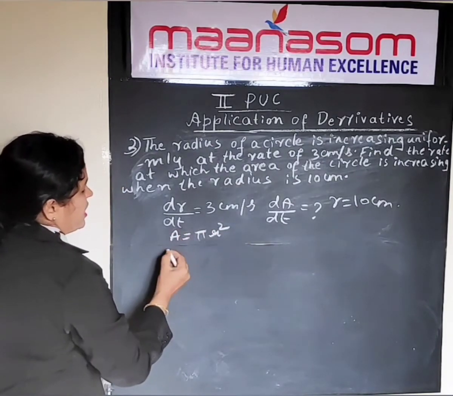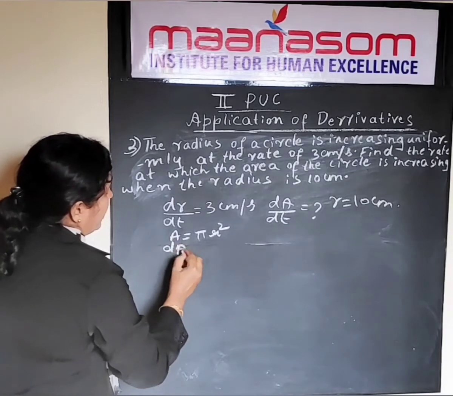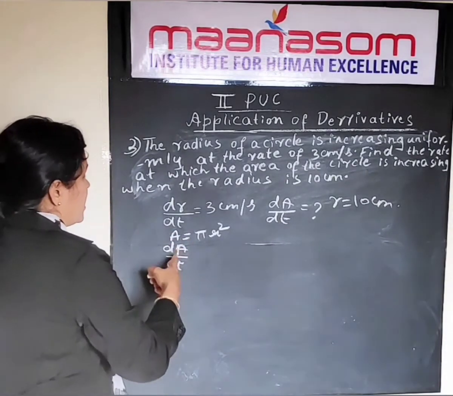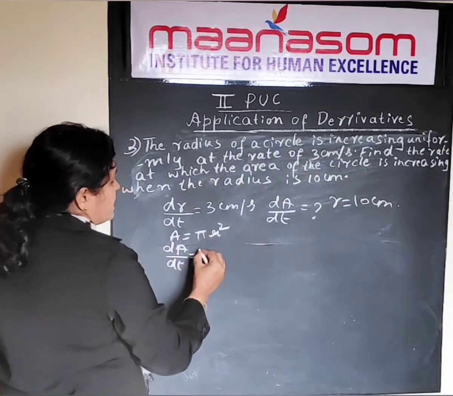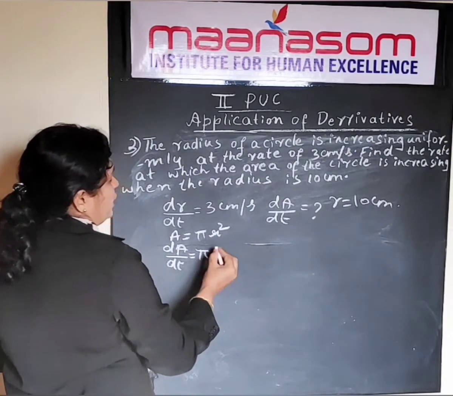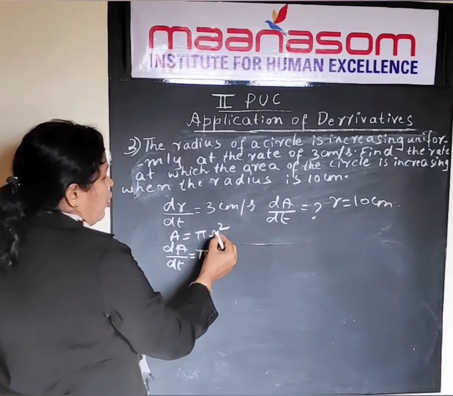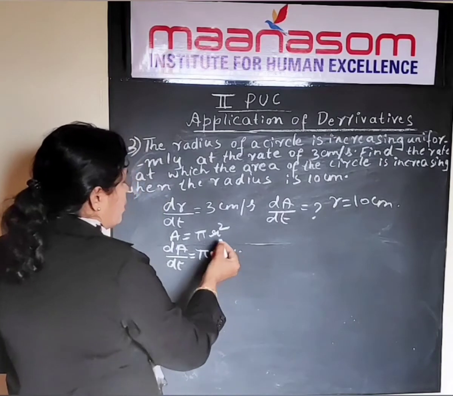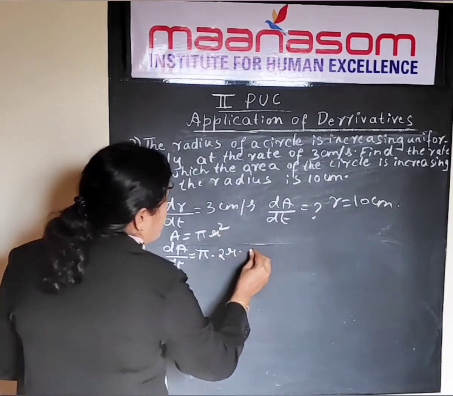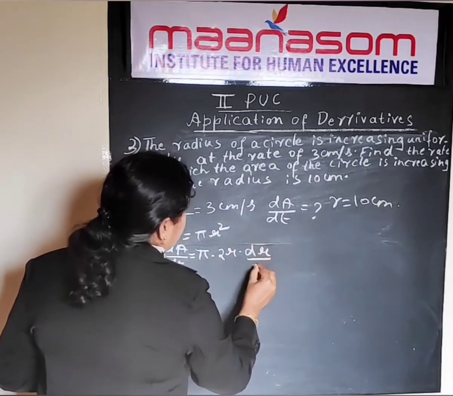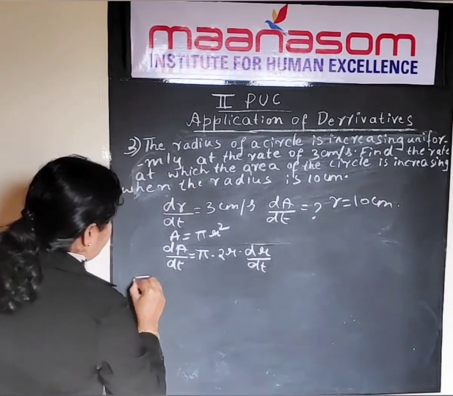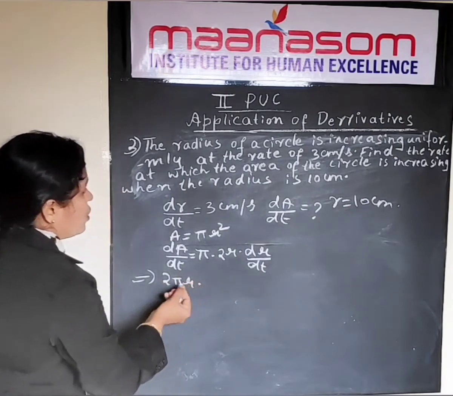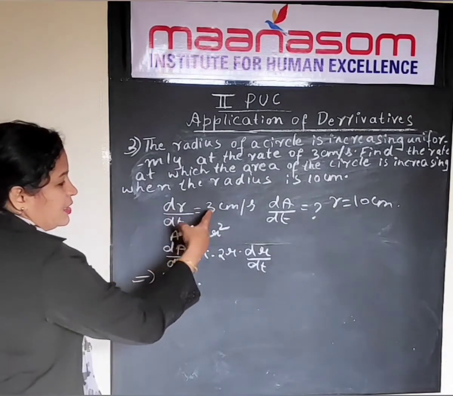Now let us differentiate this. So this will become dA by dt. When we differentiate A with respect to t, that is dA by dt will be equal to pi is a constant. So pi into d by dt of r square is 2r into, when we differentiate r, it becomes dr by dt. So this will further become 2 pi r into, what is dr by dt? 3 centimeter.